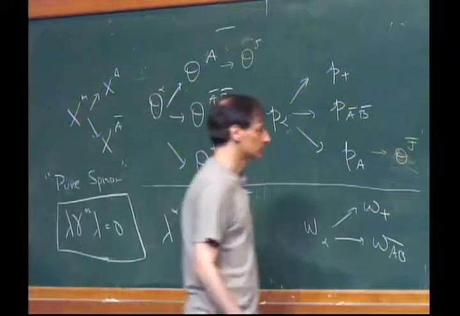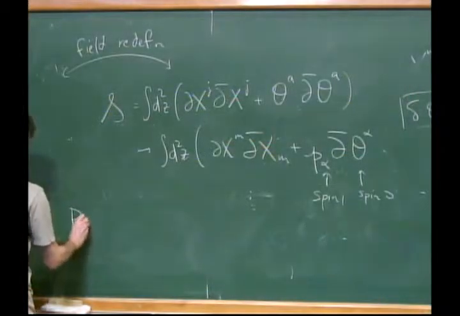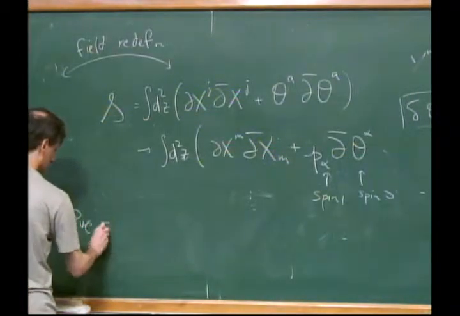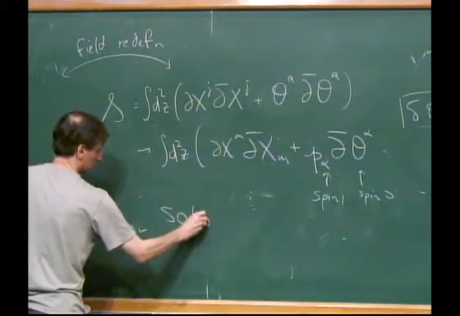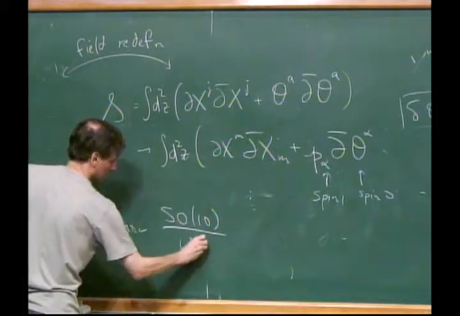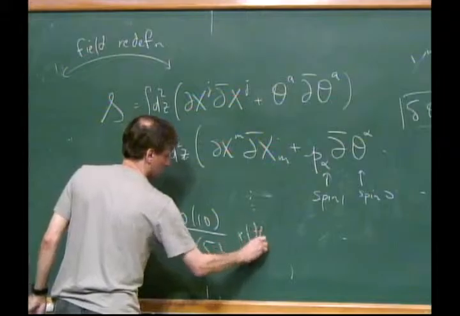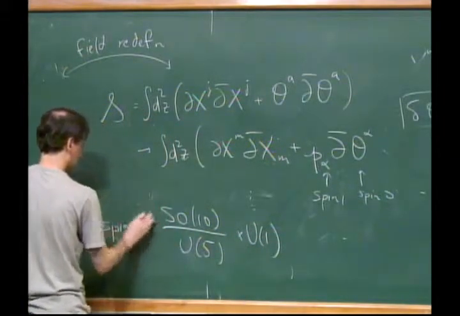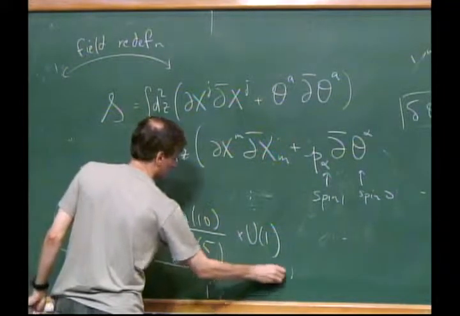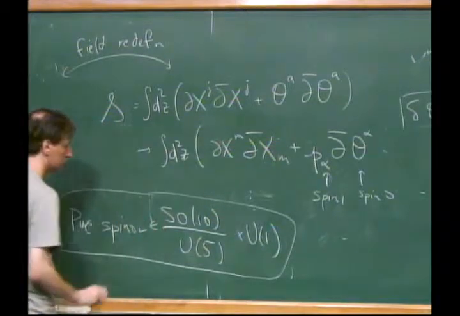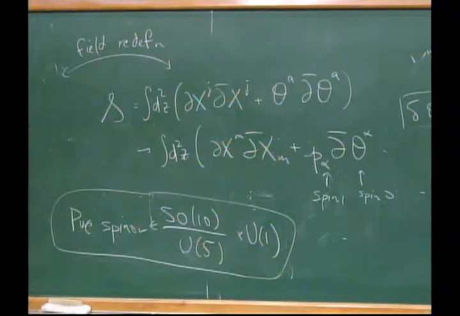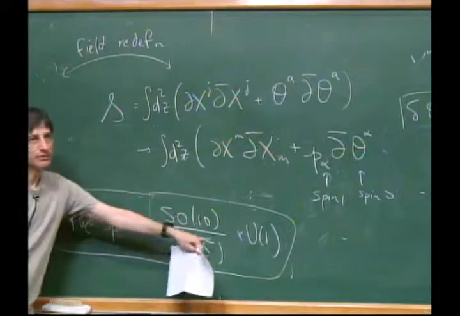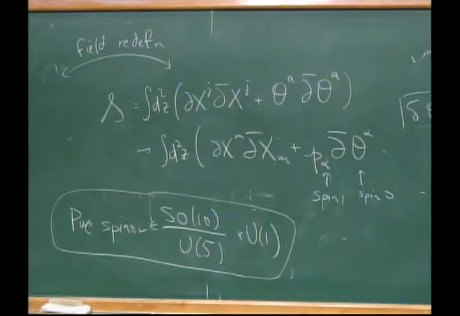Okay, so one more thing to say about pure spinors, which will become relevant later. It turns out to parameterize this space. So of course, in 2D dimensions, this would be SO(2D) over U(D). Okay. So this has 11 independent complex degrees of freedom.